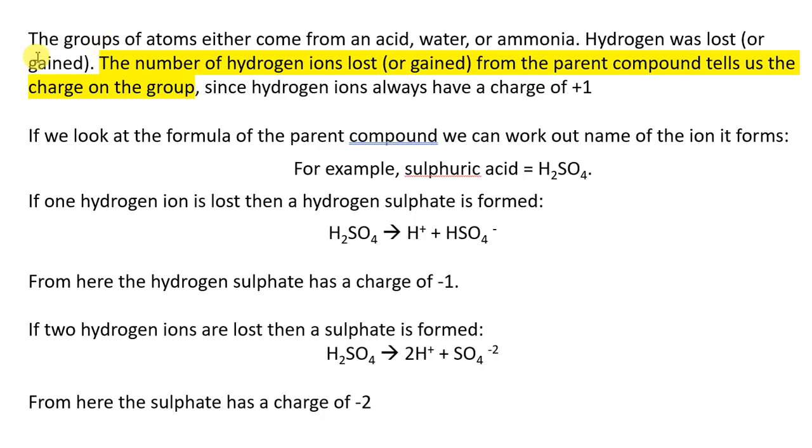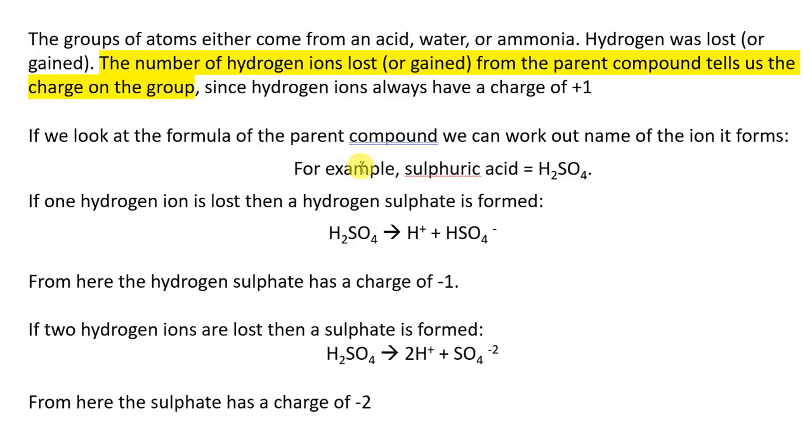Now, my groups of atoms either come from an acid or from water or the chemical ammonia. And hydrogen is always lost when such groups are made. One example, that's ammonia. The number of hydrogen ions lost or gained from the parent compound tells us the charge on the group that's left behind. Hydrogen ions always have a charge of +1.